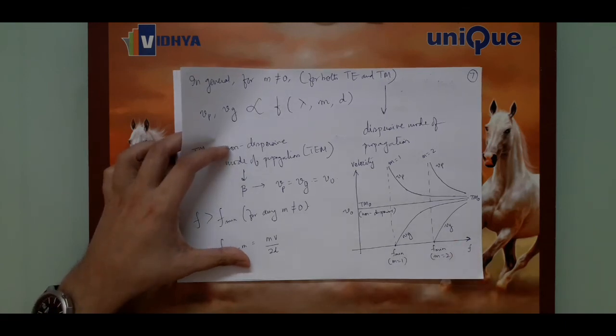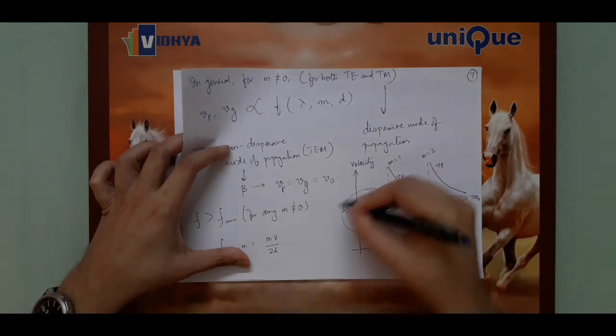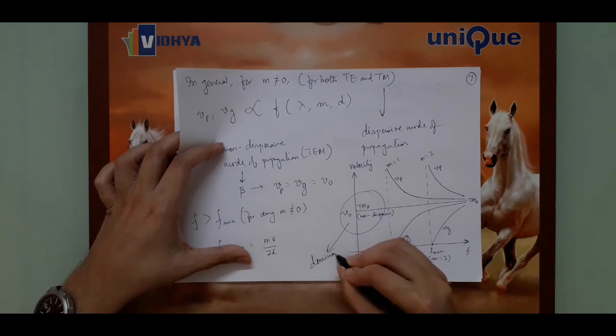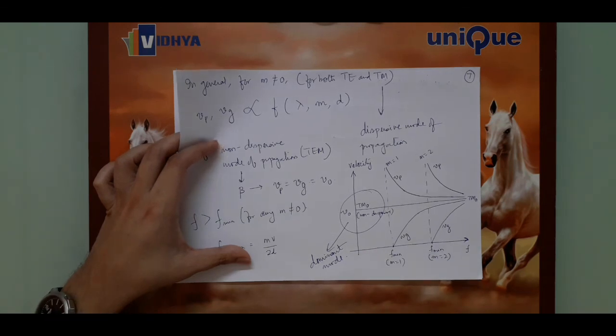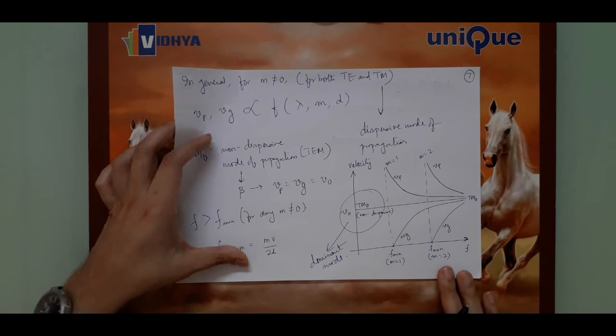Obviously the best possible mode will be TM0, because TM0 is the non-dispersive mode. It passes any frequency, right from DC to high frequencies. So therefore this TM0 is called the dominant mode. It means this is the mode which can pass the maximum amount of frequencies or signals.